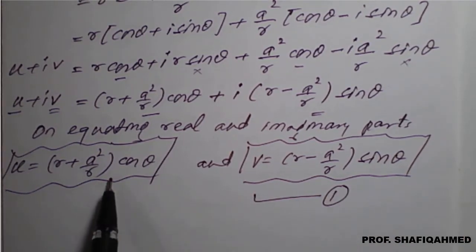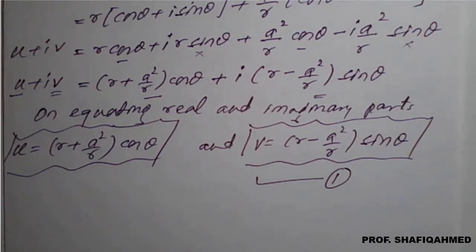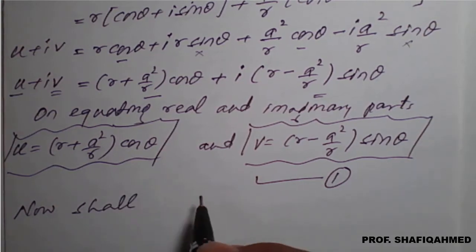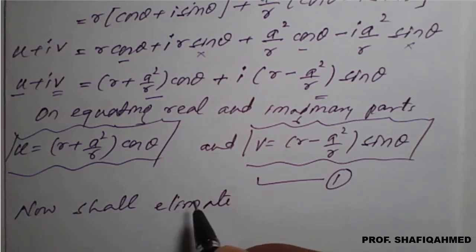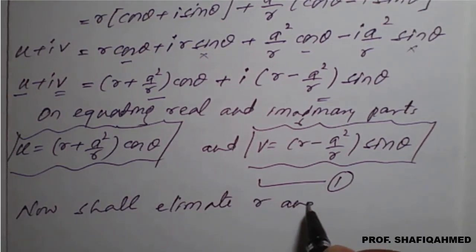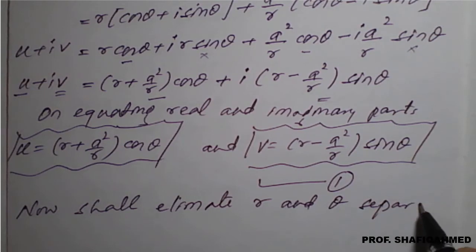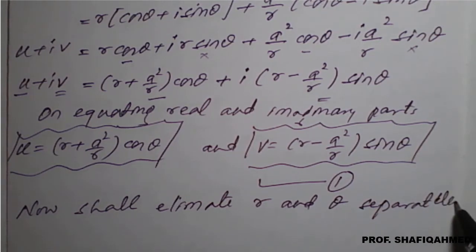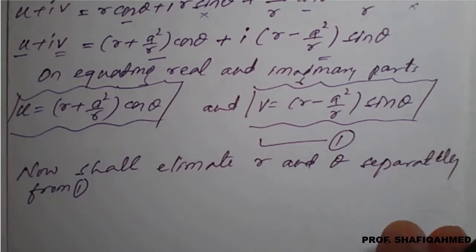Now our aim is to eliminate r and θ from the above equation 1. We shall eliminate r and θ separately from 1, and we'll see one by one.